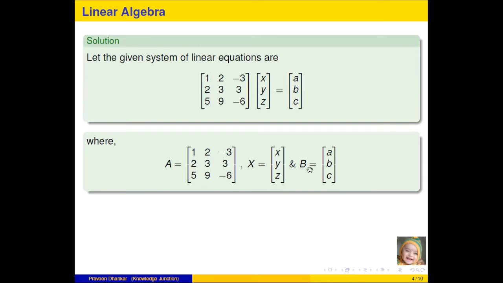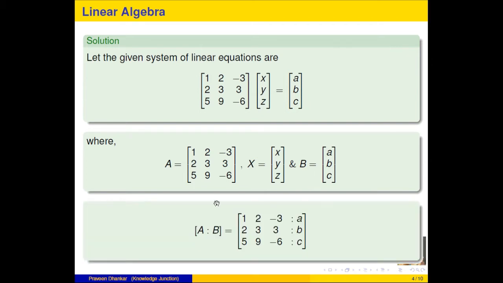So we write it in augmented form, that is A|B. The augmented matrix is 1 2 minus 3 a, 2 3 3 b, 5 9 minus 6 c. Now we apply row transformations so that we reduce this matrix into echelon form.